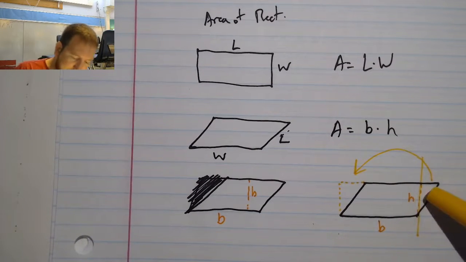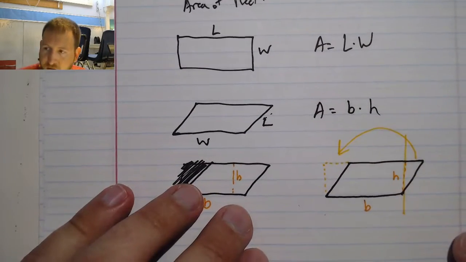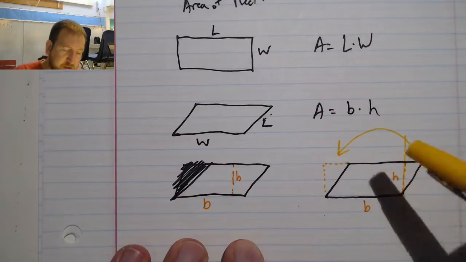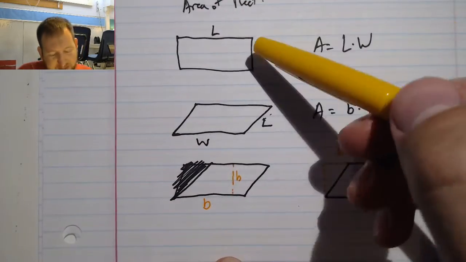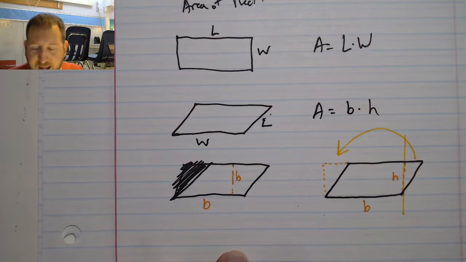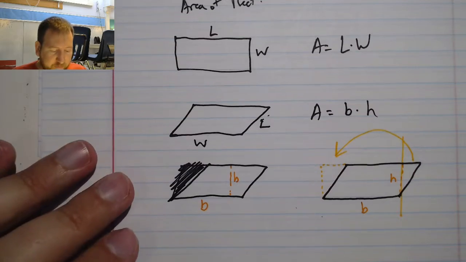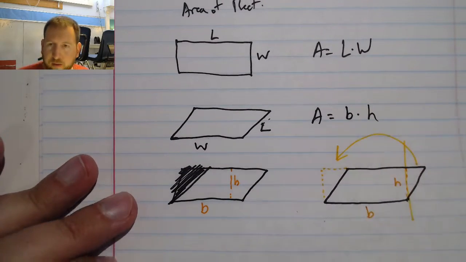And that's how I kind of flipped it over. That's why my base times height works, because I can kind of turn this into a rectangle and use this length times width. But instead of using the length and the width, what I need is this height, and that's the key. So my formula for my parallelogram is just area equals base times height.